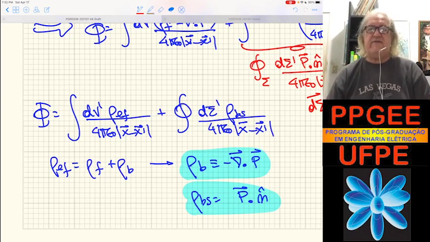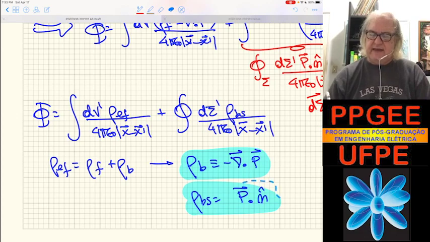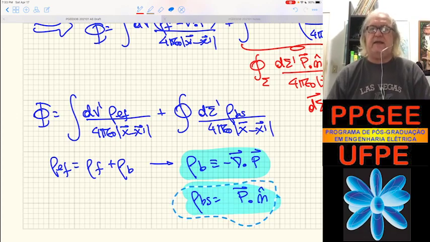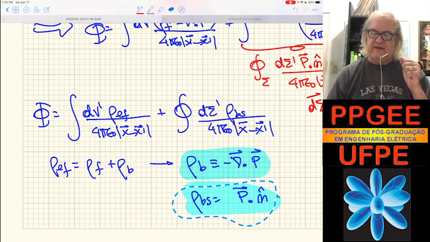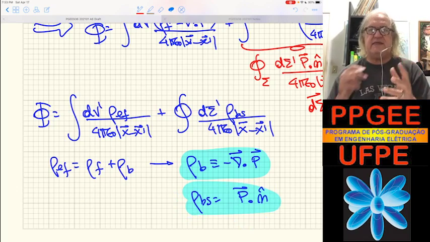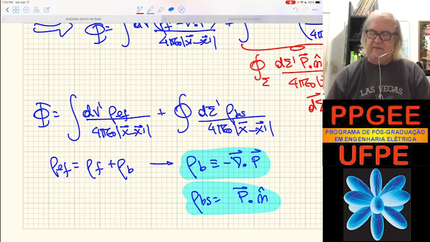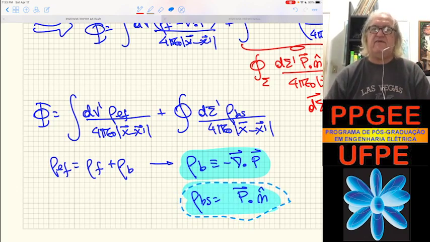And on the surface, the charge residue is given by this projection of P outwards along the normal direction to the surface. So it's as if you had some residual charge on the surface given by the projection of P over N, okay?